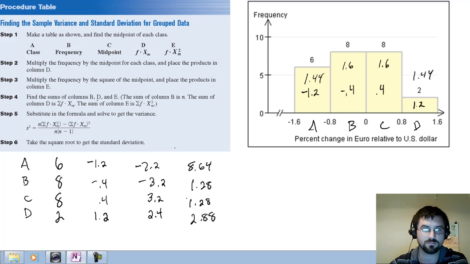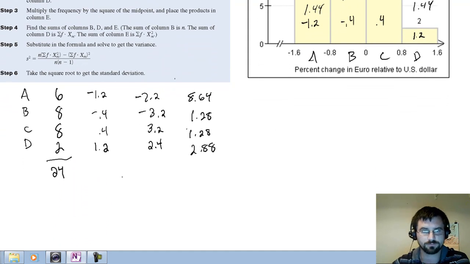Find the sums of columns B, D, and E. The sum of column B will be the sample size, which is 24 in this case. The sum of column D, this is the F times Xm, so this will be the sum of the F times Xm, and you can see these 3.2 cancel out.